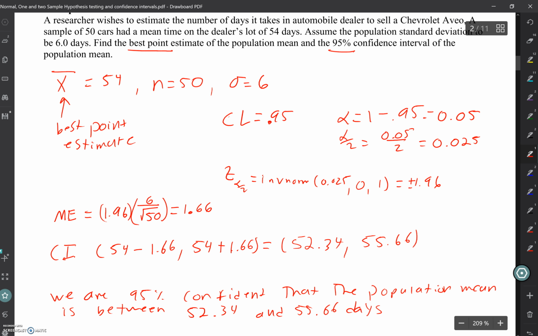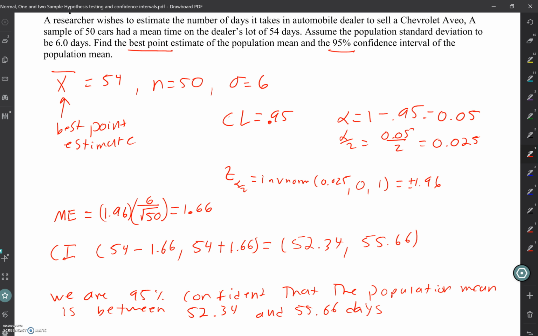Oh, I forgot. We're talking about cars. So the mean amount of days that the car sits on the dealer's lot is between 52.34 and 55.66 days. Questions on that?